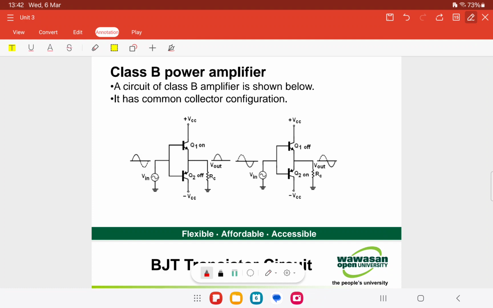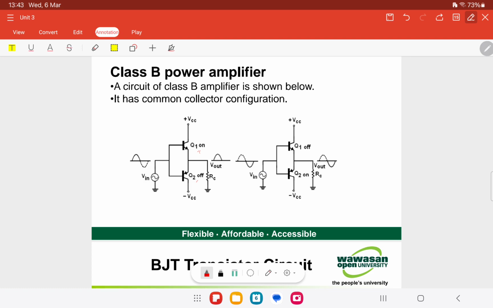We have two transistors for the positive and negative cycles, Q1 and Q2: one for the positive cycle and another for the negative cycle.